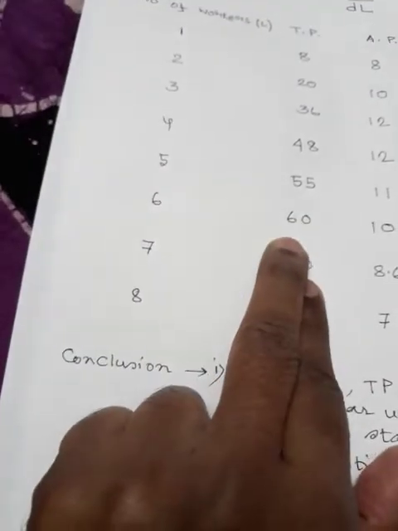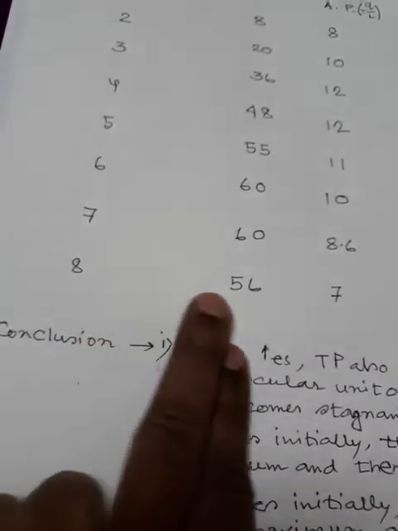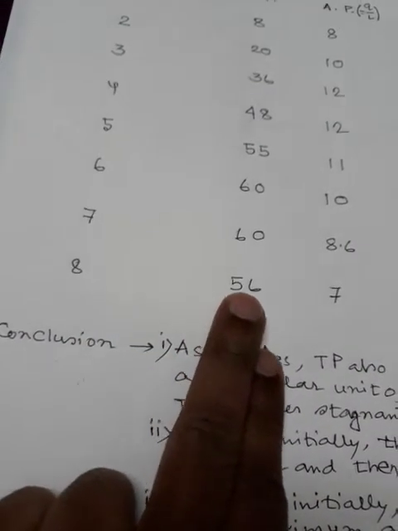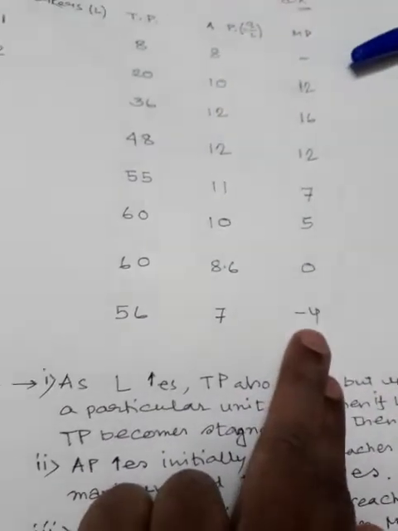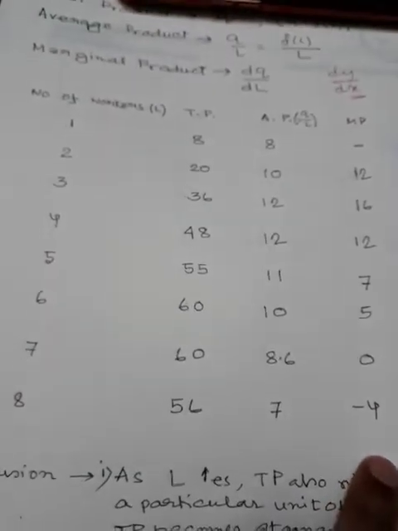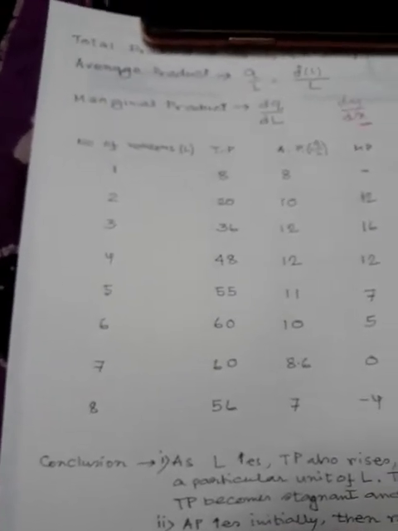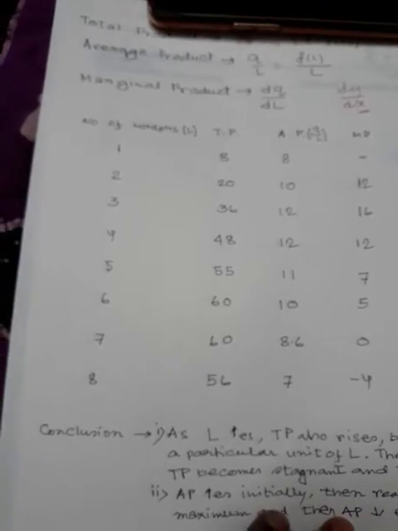For the sixth one, 60 minus 55, 5. For the seventh one, 60 minus 60, 0. And for the last one, 56 minus 60, minus 4. This is marginal product. So we have already got a table, isn't it? These all are the terms of short-run production: total product, average product, marginal product.